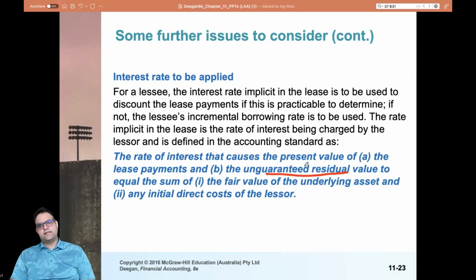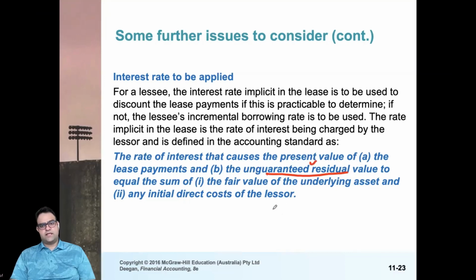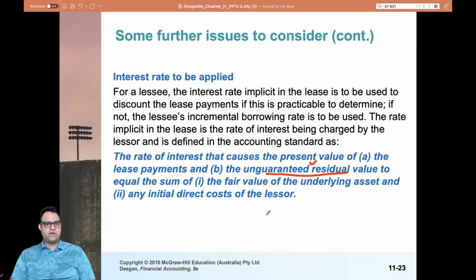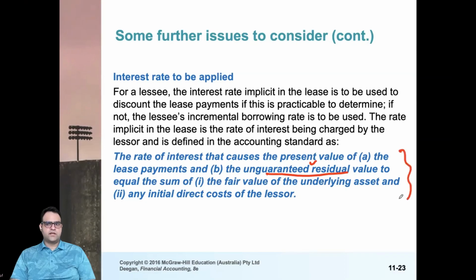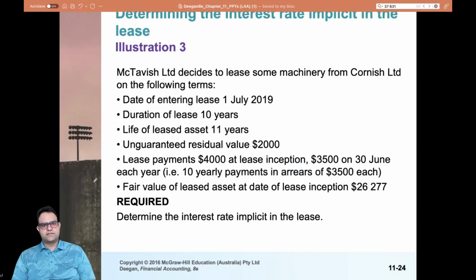So unguaranteed is a part of it. For example, if there is any indirect cost or cost incurred which we have not accounted for earlier, which has not been guaranteed earlier, it will also be part of this lease contract. I think there's a question in the upcoming slides discussing this.